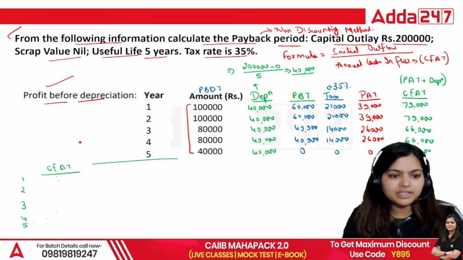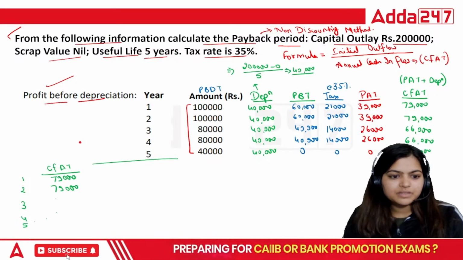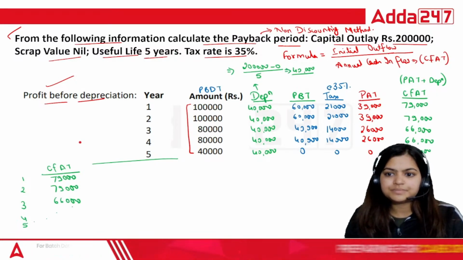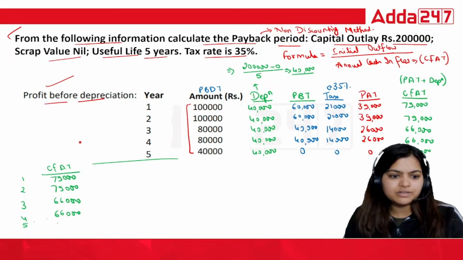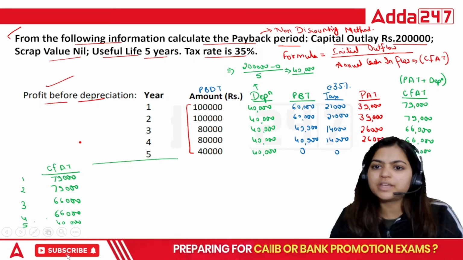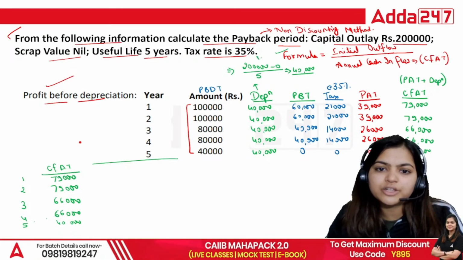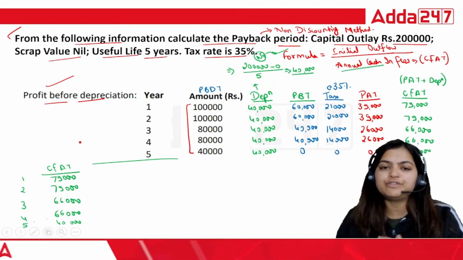So 79,000, 79,000, 66,000, 66,000, and last year 40,000. Now, as your cash flows are different, can we use this formula? Answer is no. You cannot use this formula because annual cash inflows are different for each year.